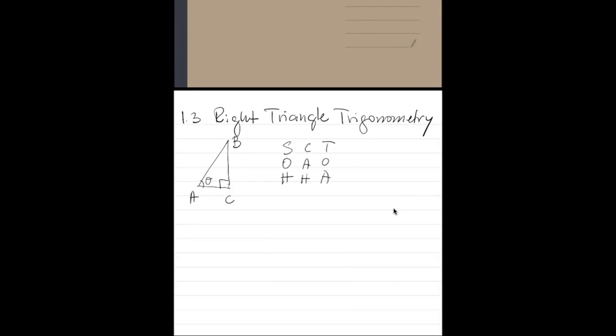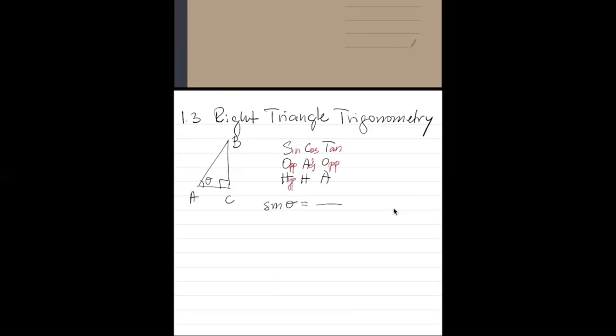which means that sine of an angle theta, acute, is equal to opposite. So we have S stands for sine, C for cosine, T for tangent, O stands for opposite, A for adjacent, and H for hypotenuse.